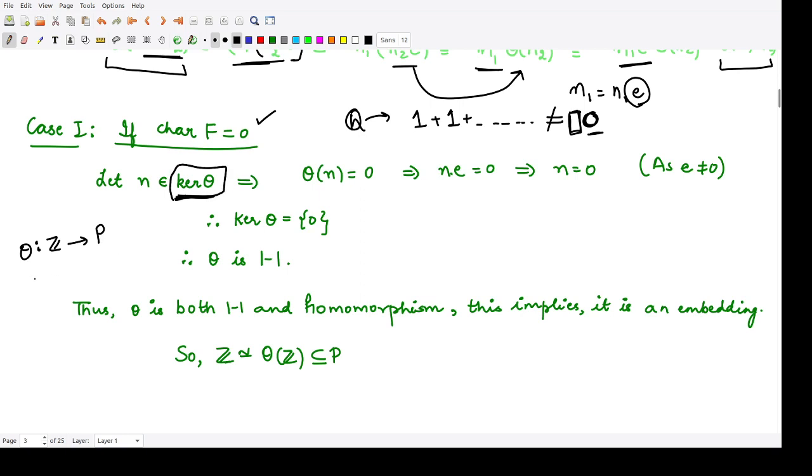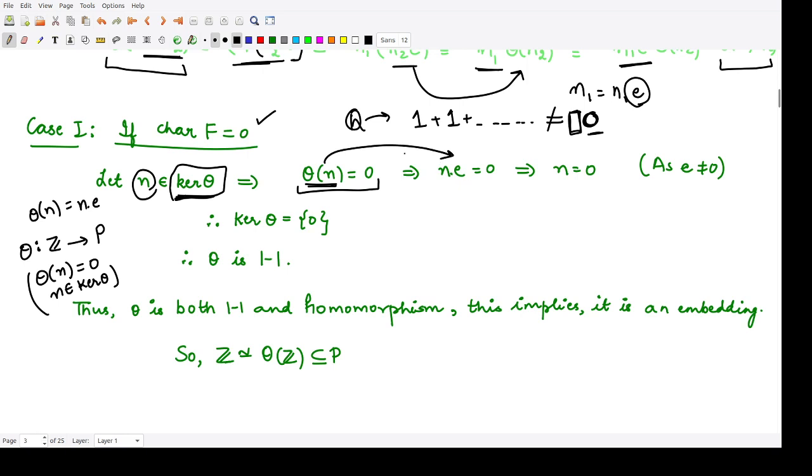All those elements n such that theta of n is equal to 0. This is the definition of the kernel of theta. So now we assume that n belongs to the kernel of theta. That means theta of n is equal to 0 by definition. And what is theta of n? We have defined theta of n to be n into e. So we have applied the same definition here.